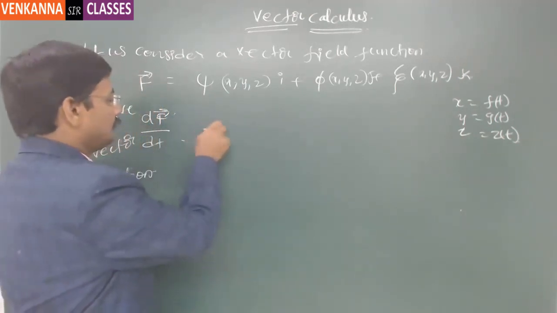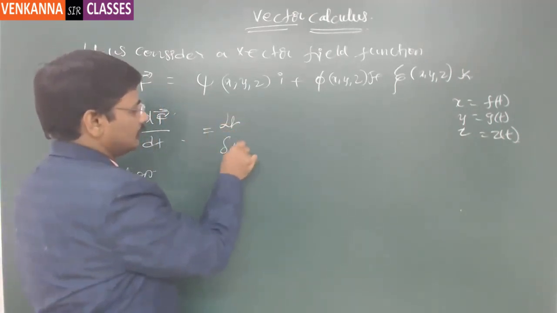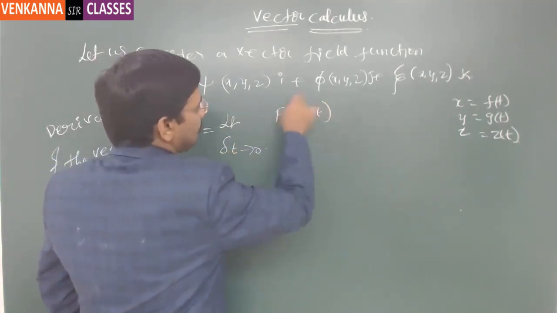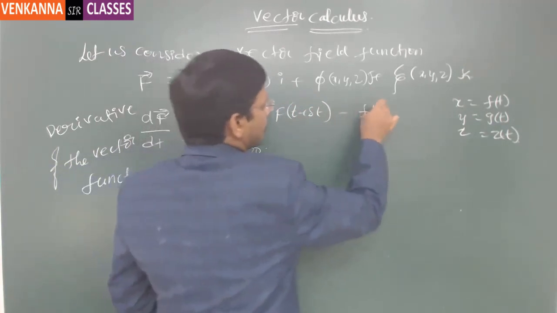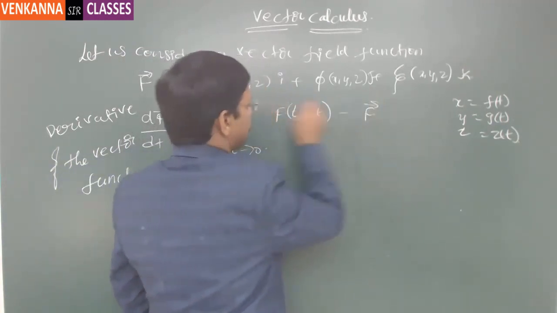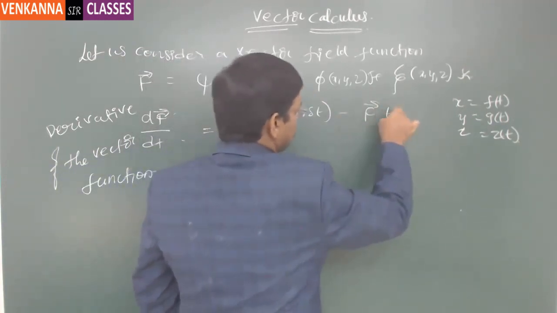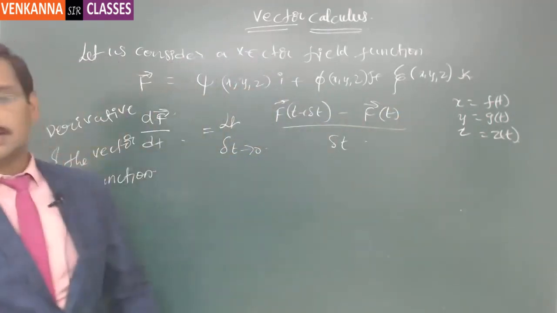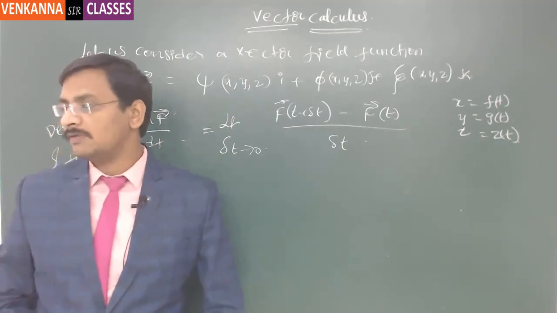So, this is the limit as delta t tends to 0 of f of t plus delta t minus f of t, divided by delta t.